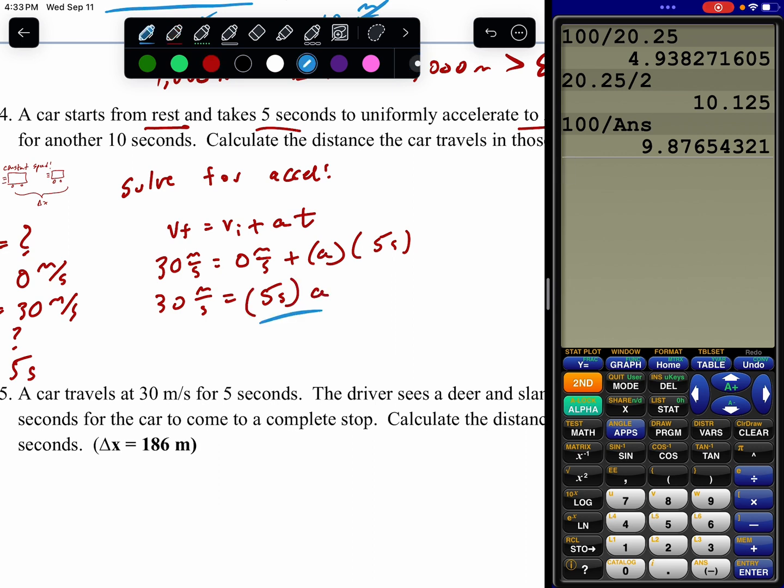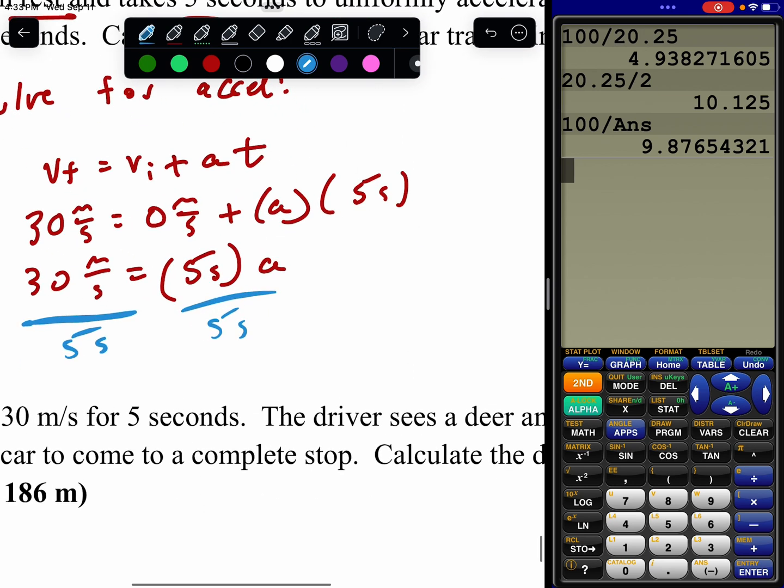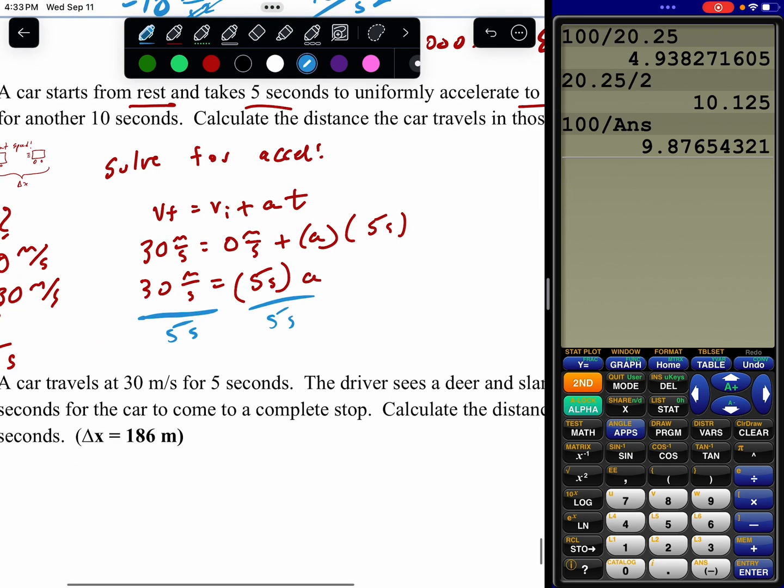And we are going to divide both sides by 5 seconds. Those go away. Since we have meters per second over seconds, we get our answer as expected. We're going to get an a value that is in meters per second squared. And the answer is going to be 30 divided by 5, which is 6.